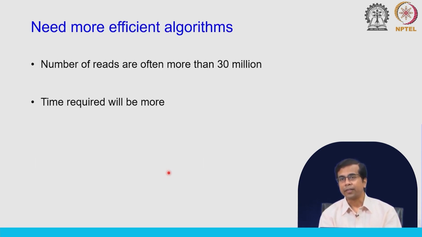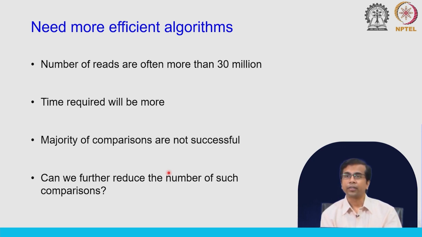Whatever we have discussed, the brute force approach, BLAST, BLOOD, they are not good enough for this problem. This is because the number of reads that we get from the data is often more than 30 million, in billions, and will require a lot more time. One of the problems with all these algorithms is that the majority of comparisons are not successful.